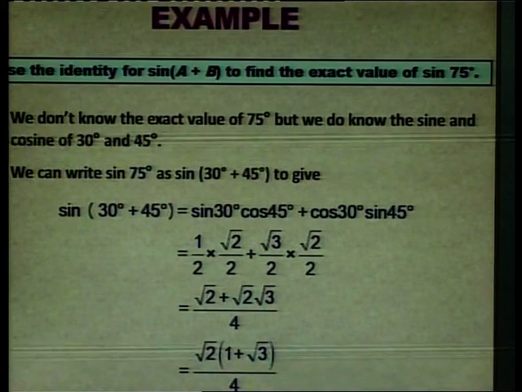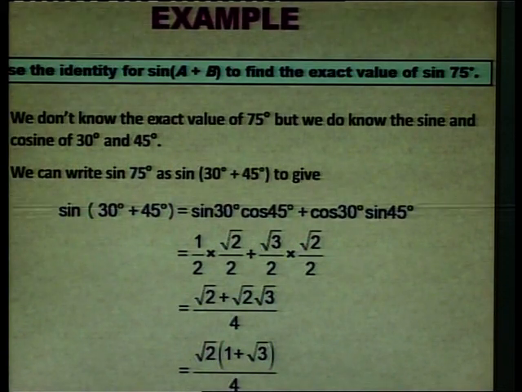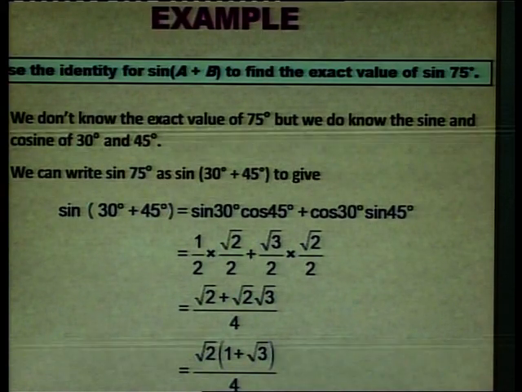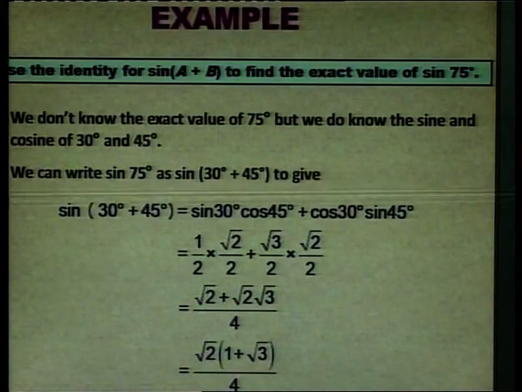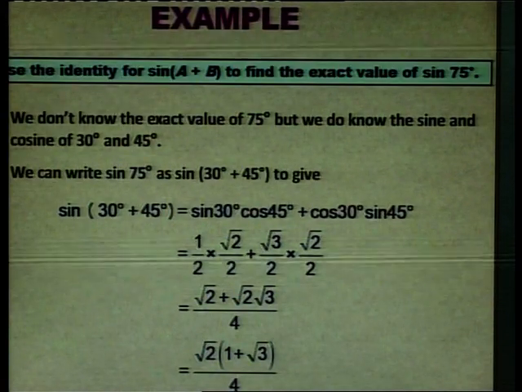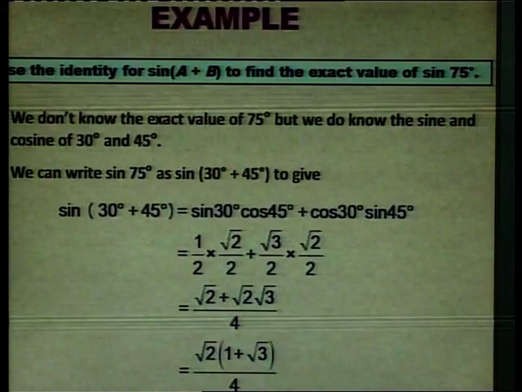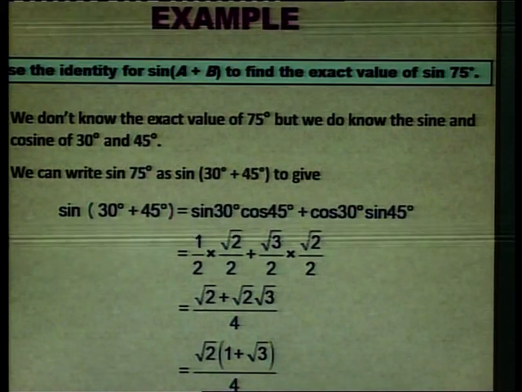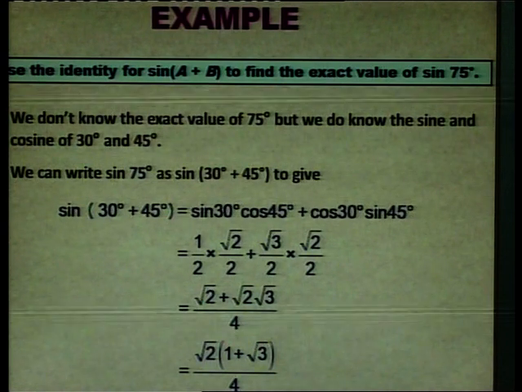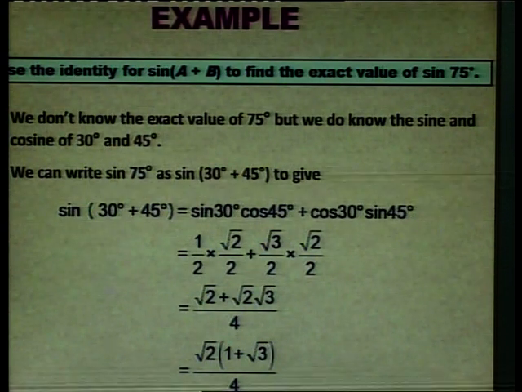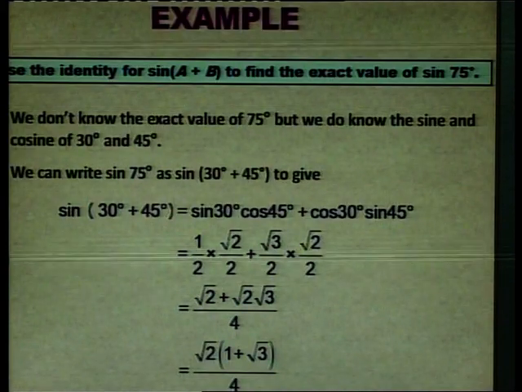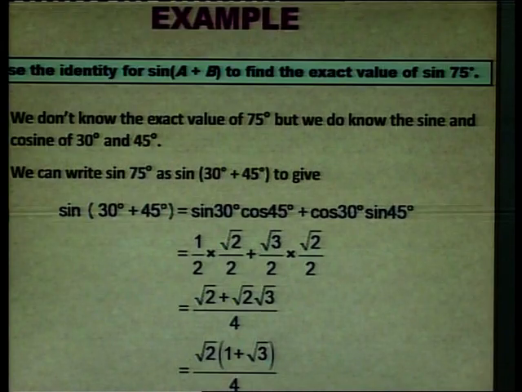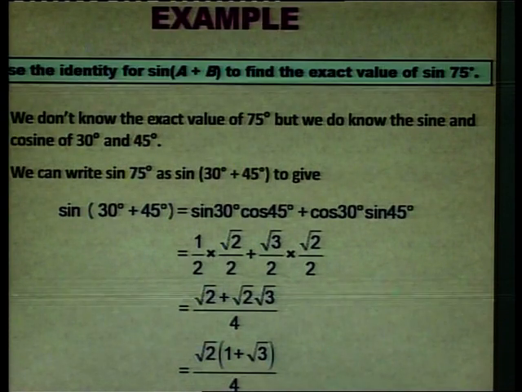Once again I am writing 75° as 30° plus 45°, and I will use the formula sin(a+b) = sin a cos b plus cos a sin b, with a as 30° and b as 45°. Then sin 75° is equal to sin 30° cos 45° plus cos 30° sin 45°, and all these are standard values.